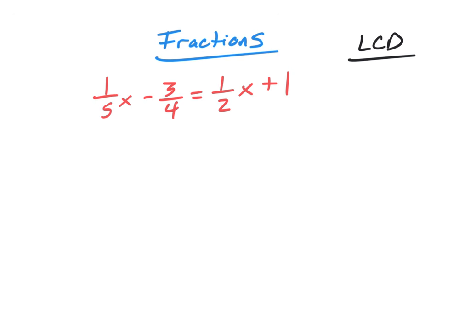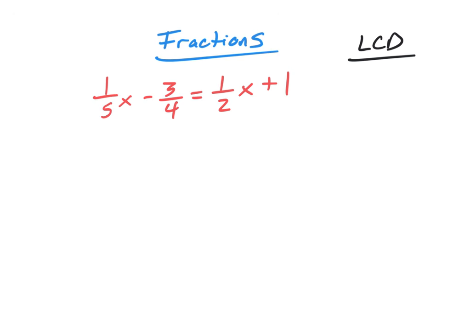Least common denominator. It is the lowest number that all 3 of my denominators go into. So I have to find one number that 5, 4, and 2 all go into.